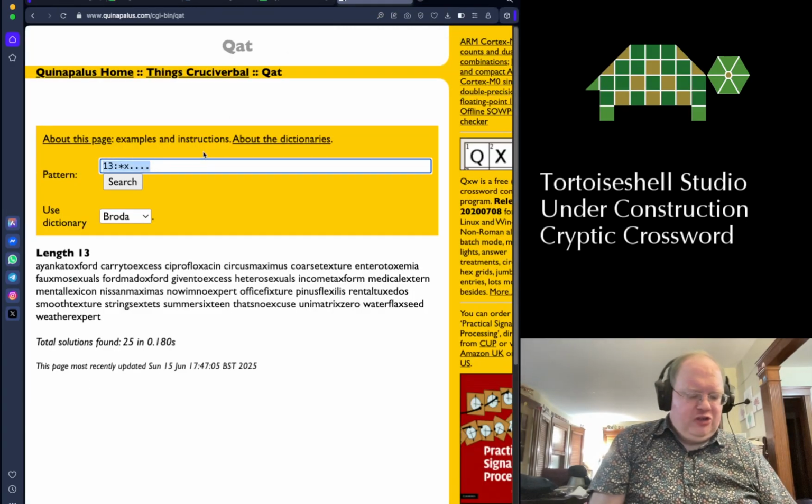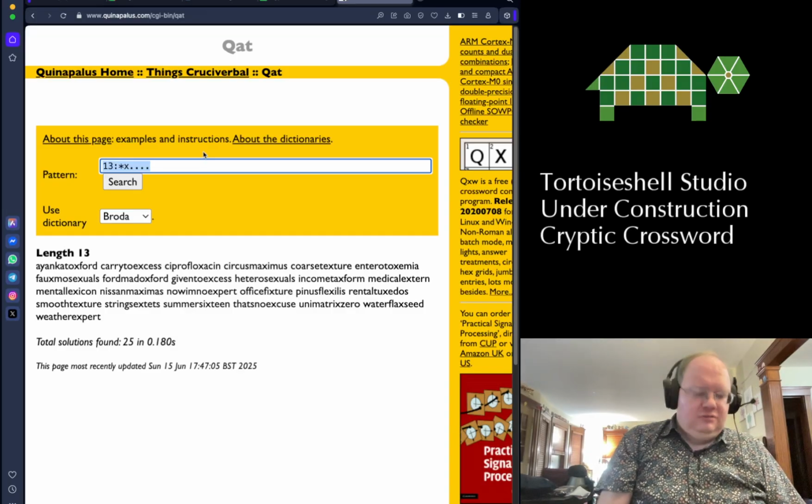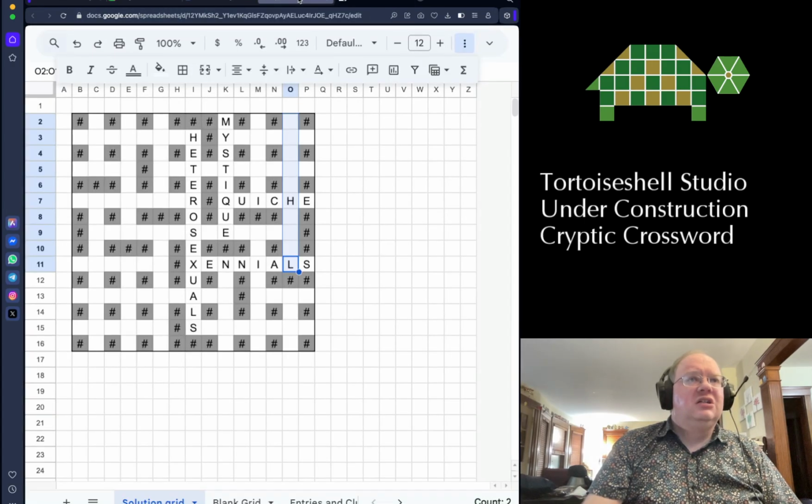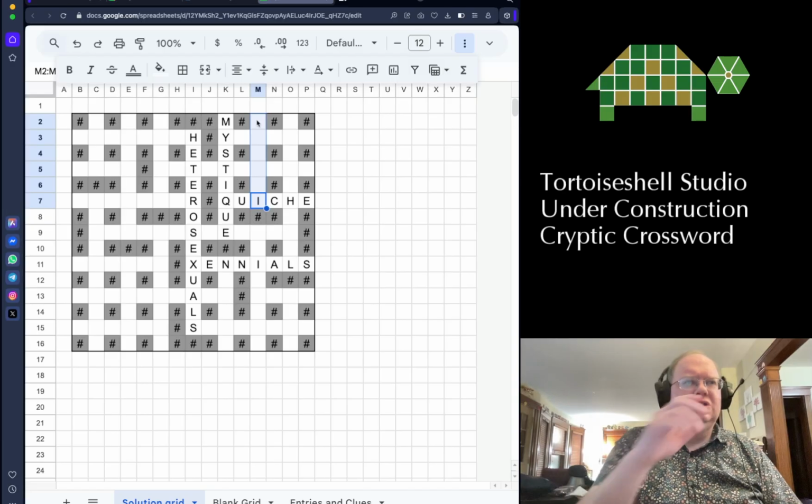If it were two letters between the H and L, then there's a lot of heel and wheel. Witch hazel. Also, ooh, I've put an I here to go there. Let's rethink quiche then.